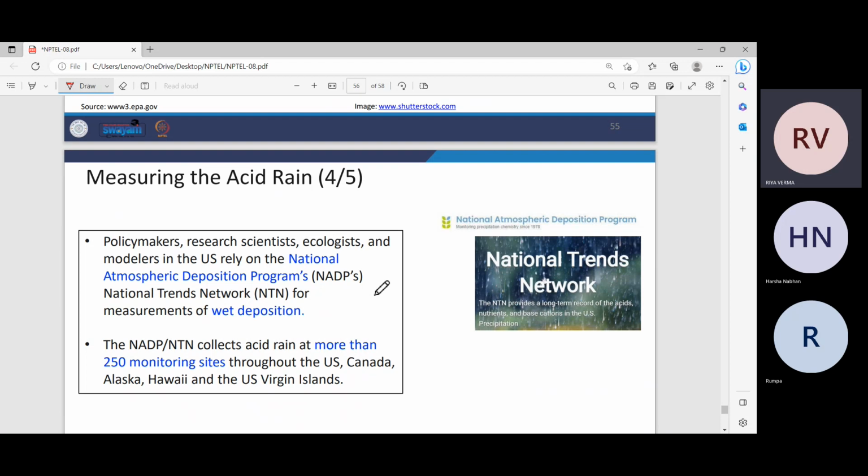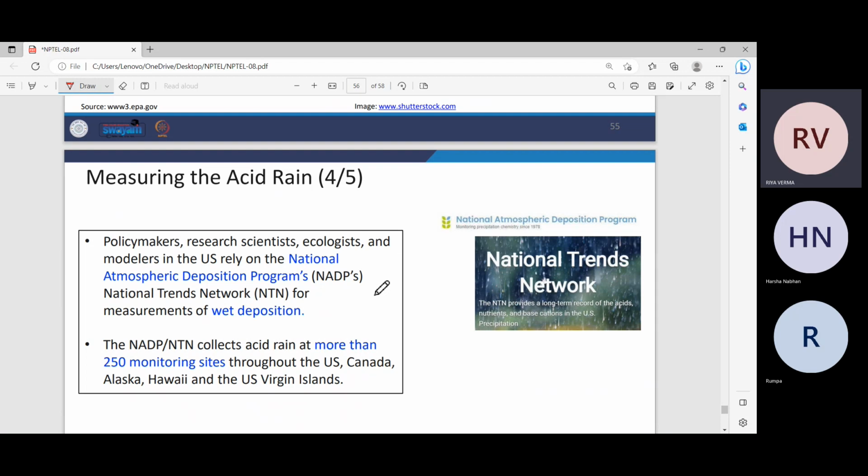Then, how scientifically the measurement is done. So the policymakers or the research scientists, the ecologists, and also the modelers, they rely on the National Atmospheric Deposition Program's National Trends Network (NTN) for the measurements of the wet deposition.